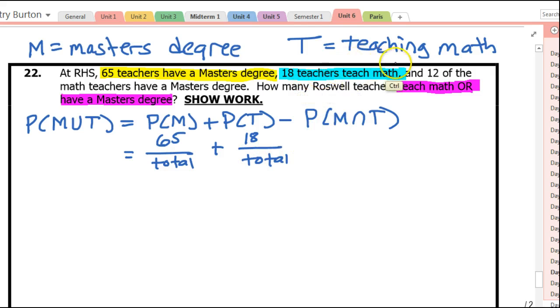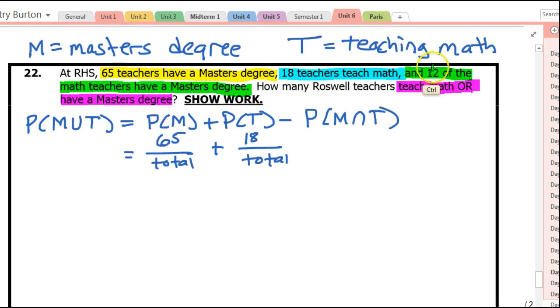Okay, now 12 of the math teachers have a master's degree. So this is a sneaky way of saying and. This is really an and statement. This is a sneaky way of saying that 12 teachers are math teachers and have a master's degree. They're sneaking it in without saying the word and.